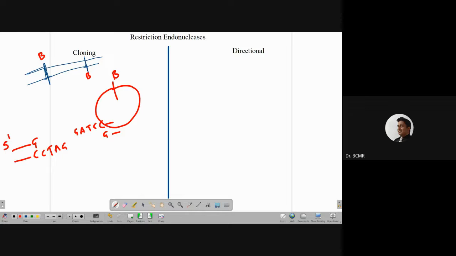This is the 5' end, so these will be 3' overhangs. Sorry, 5' overhangs.